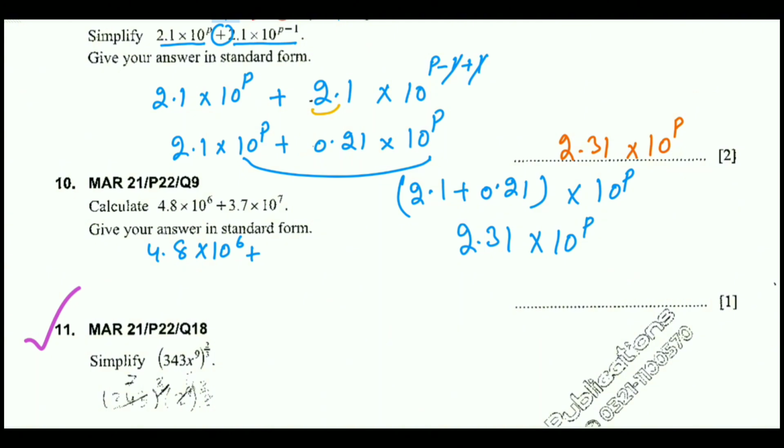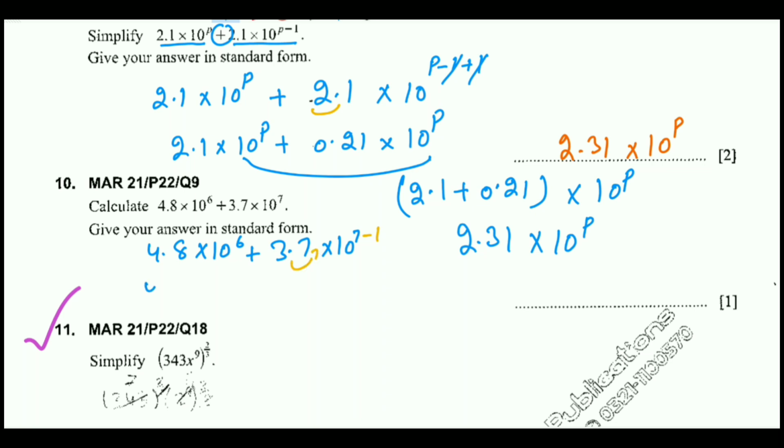First of all we will make 7 as 6. So 3.7 multiply 10 raised to power 7. The power has to be reduced by 1. So our decimal will move one number right side.